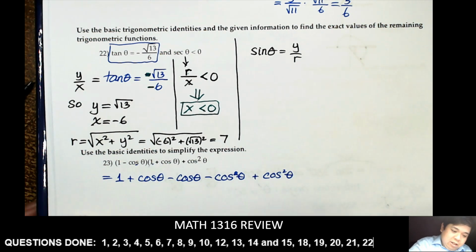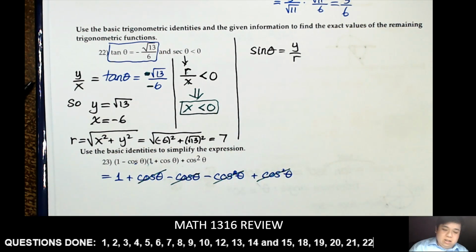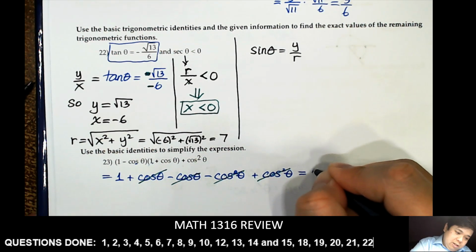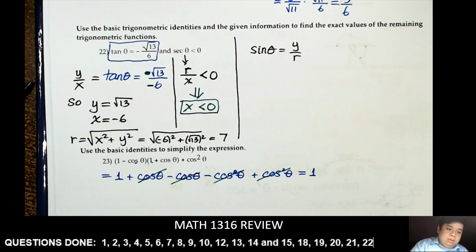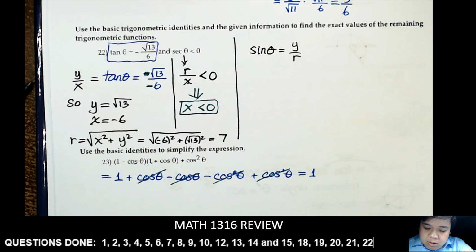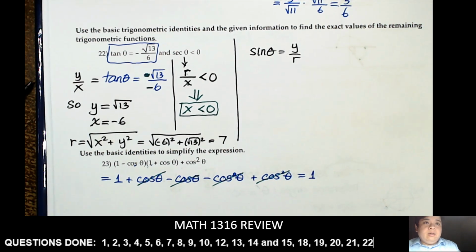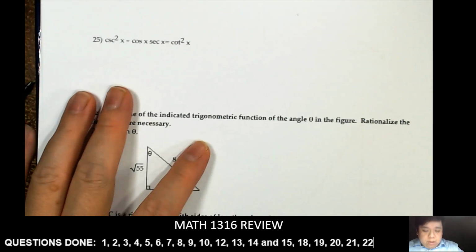So that's easy. This cancels out, this cancels out, and that's just 1. That was 23.